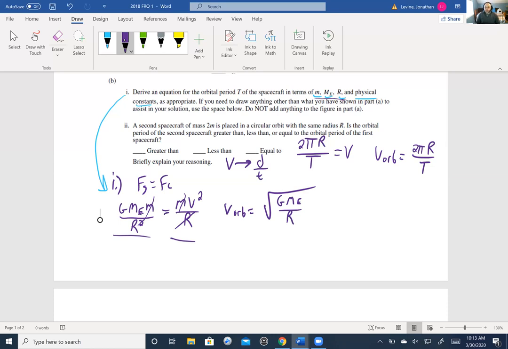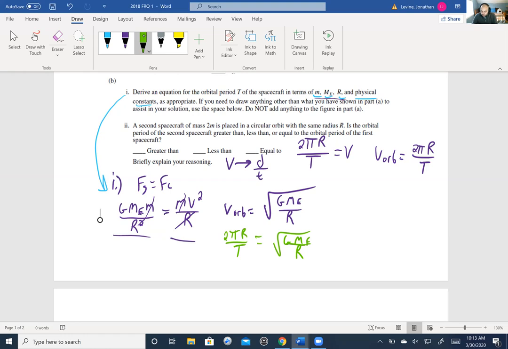So if that's my orbital velocity, and we said that our orbital velocity is simply 2 pi r over t, then I can solve for my period t by rearranging. If I substitute this in, 2 pi r over t is equal to the square root of g m e over r.